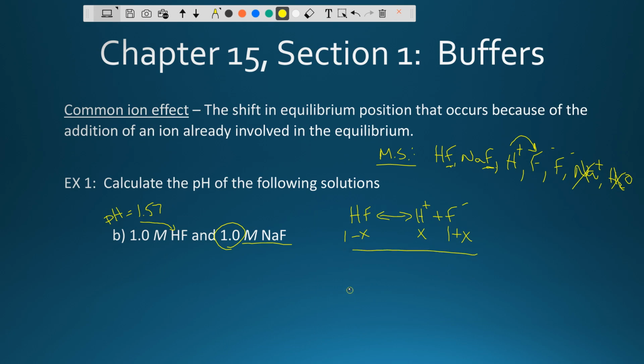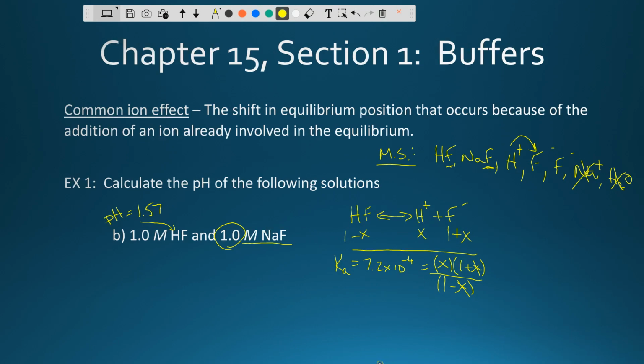If I add this all up, my Ka value was 7.2 times 10 to the negative 4, and it equals my x for the hydrogen times 1 plus x from these fluorides, all over 1 minus x from my hydrofluoric. Now remember, this is a small value of K, so I can eliminate the x's, and so this ends up being 7.2 times 10 to the negative 4 equals x, because it's just times 1 over 1.